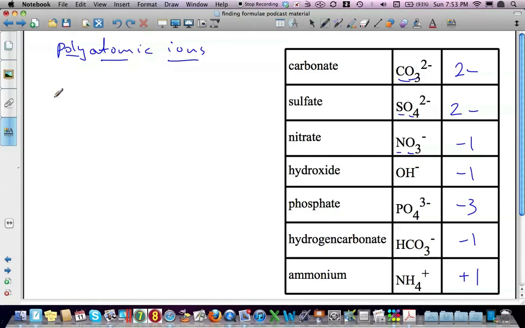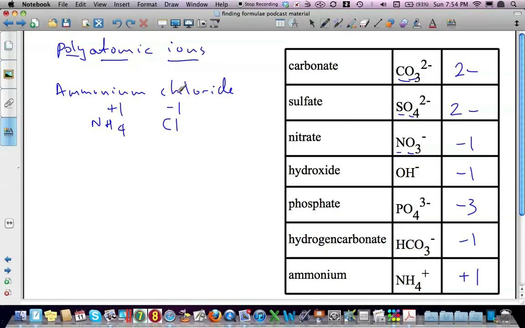So when you use these guys, for example, ammonium chloride. So you need to learn that table. Ammonium is +1, chlorine is in group 7, which is -1.